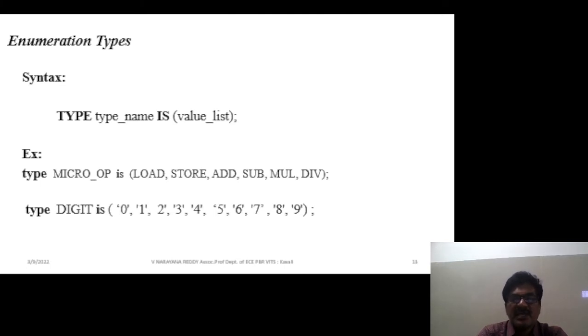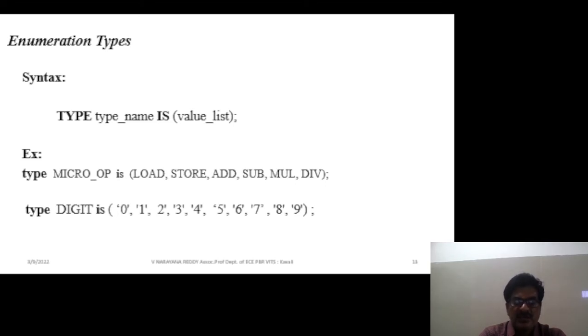Then coming to another example, type digit is of values 0 to 9, like 0, 1, 2, 3, 4, 5, 6, 7, 8, 9. That is, digit is an enumeration data type. It consists of 10 different digits 0 to 9.